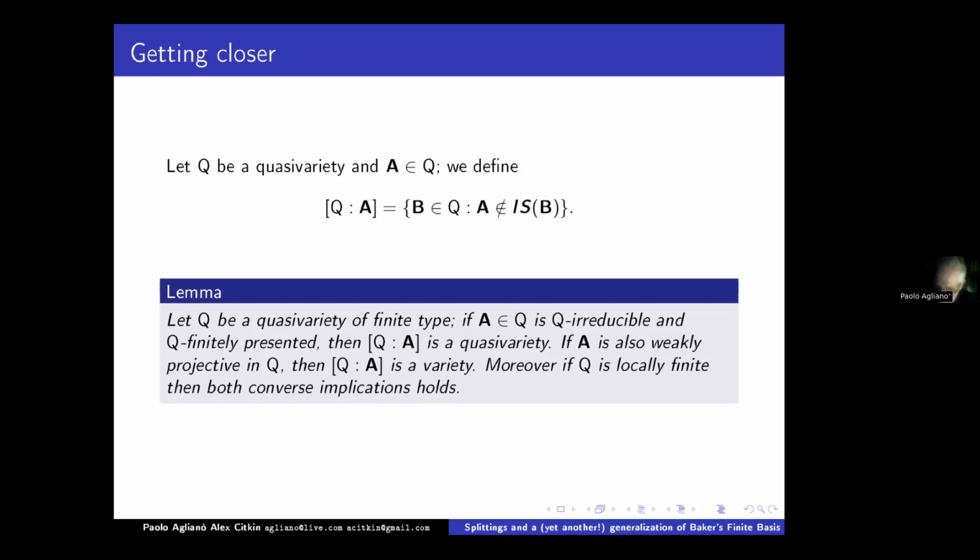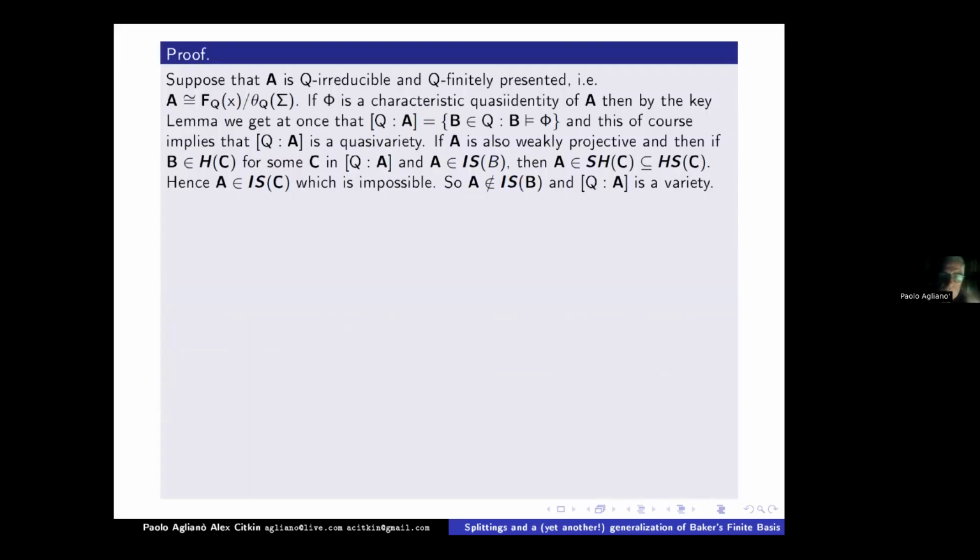I'll show you maybe a part of the proof. For instance, let's suppose that A is Q reducible and Q finitely presented. By what we said before, it is a quotient of a finitely generated free algebra modulo a finitely generated Q congruence.